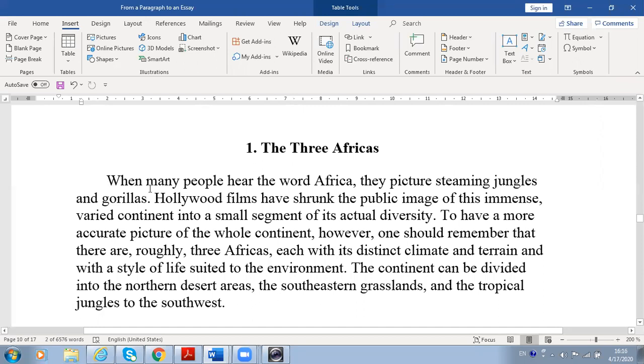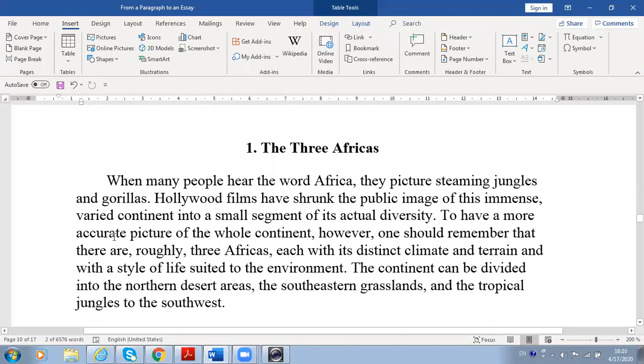When many people hear the word Africa, they picture steaming jungles and gorillas. Hollywood films have shrunk the public image of this immense, varied continent into a small segment of its actual diversity.